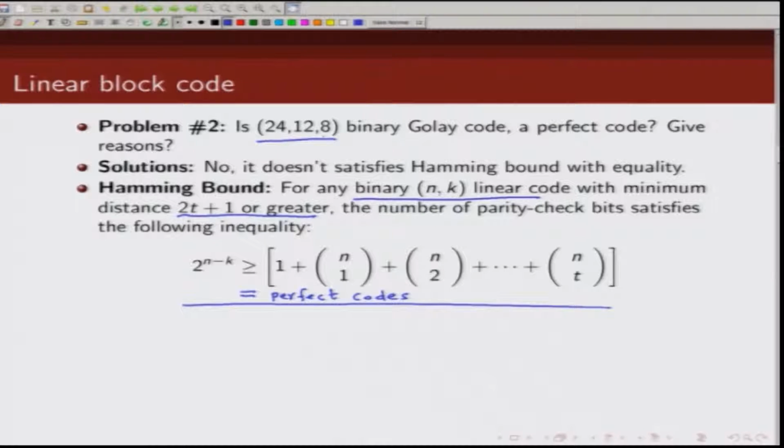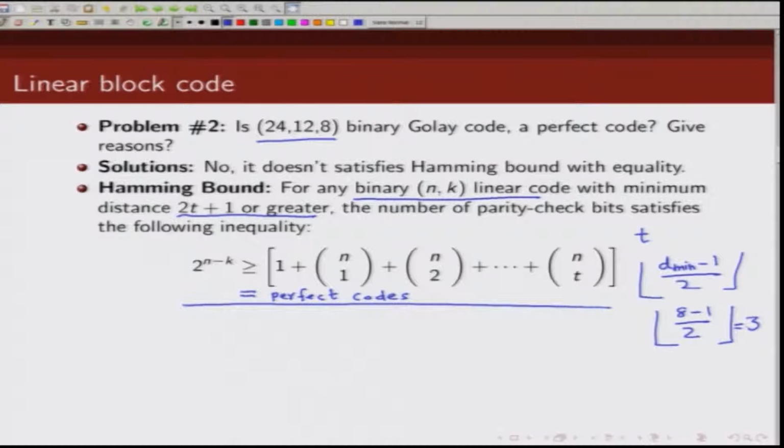The minimum distance is 8. Now, what would be the error correcting capability of this code? This will be the floor of (d min minus 1) by 2. In this case it is (8 minus 1) by 2, so this is a triple error correcting code.